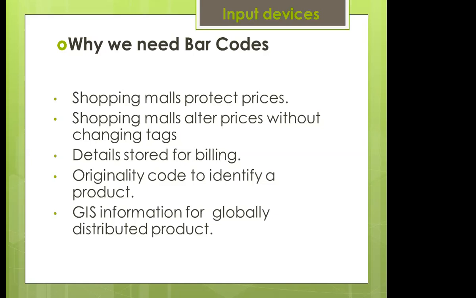If that phone is somewhere located in the USA in some criminal activity, they can locate its barcode and come to know that this iPhone was purchased in Pakistan. GIS, information for globally distributed, has a similar meaning as explained in the above point: you can also locate the original location of that product from its barcode.